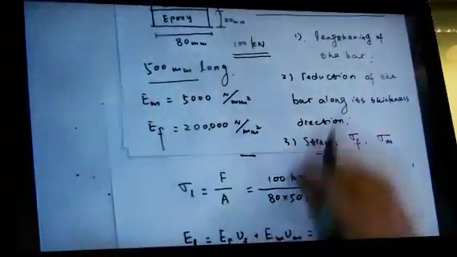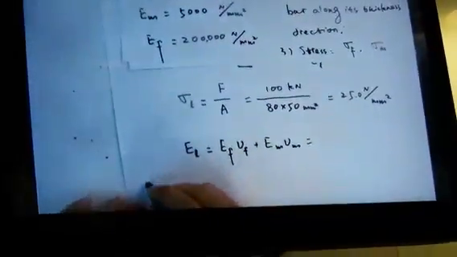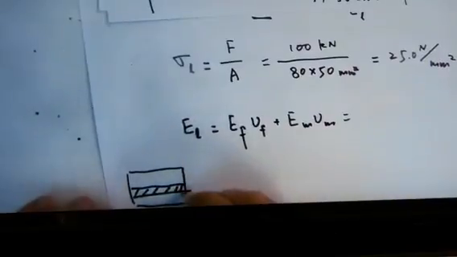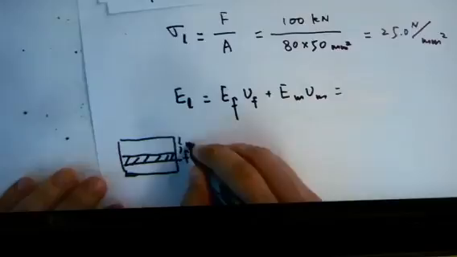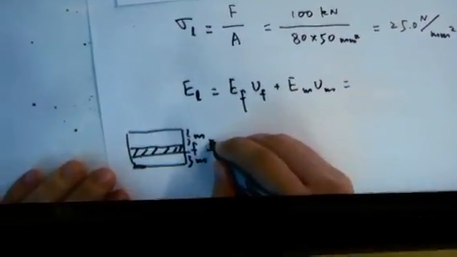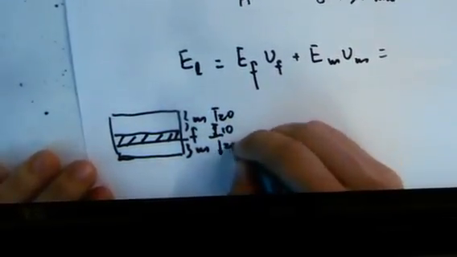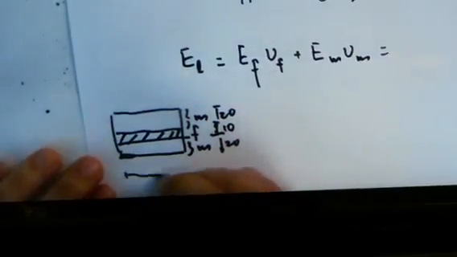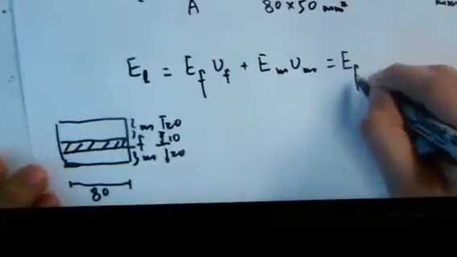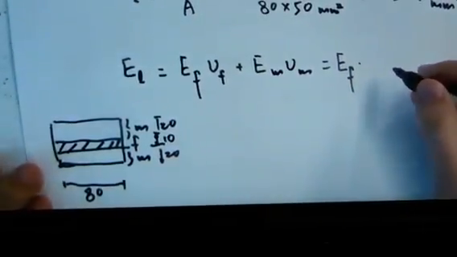When you look at the cross section, this is a fiber, right? And this is a matrix. This is a matrix. And the height of the fiber is 10. Matrix here is 20. Here is 20. Total length is 80. So what is the volume fraction of the fiber?